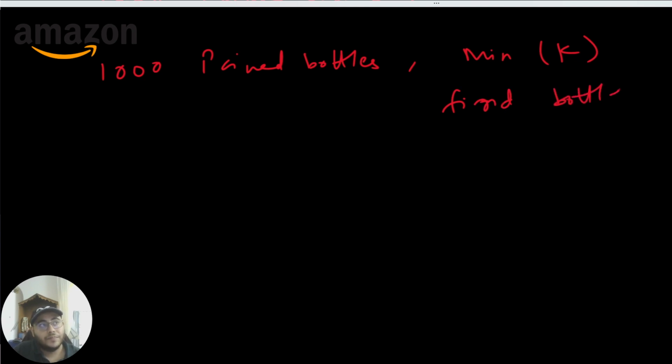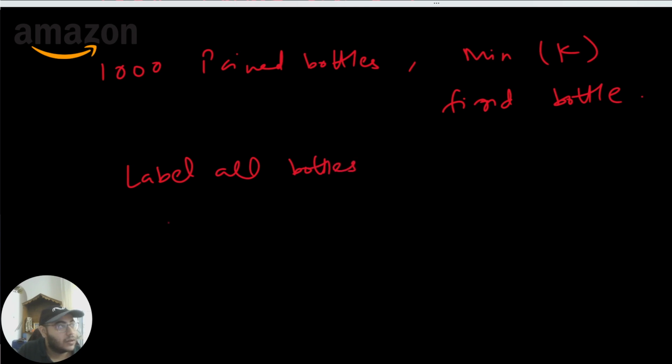Find the bottle. Okay. So first of all, since we are talking about finding the bottle, we have to assign a number system, right? We have to assign labels to each bottle so that we uniquely identify which bottle it is. So the first thing we can do is label all the bottles from 1 to 1000.